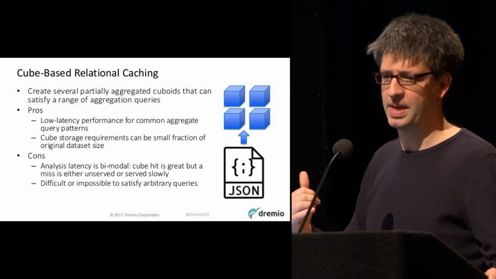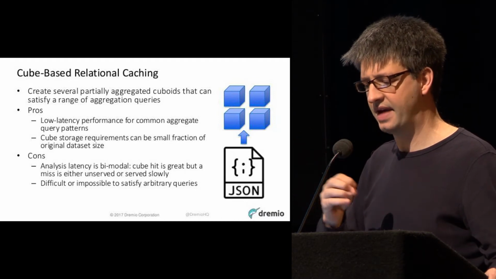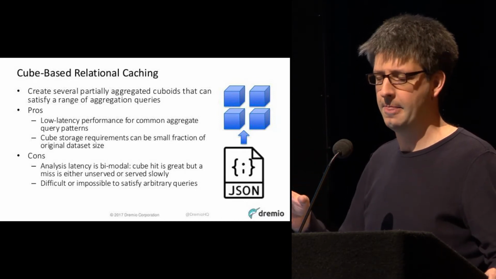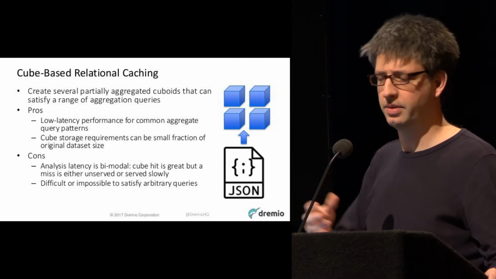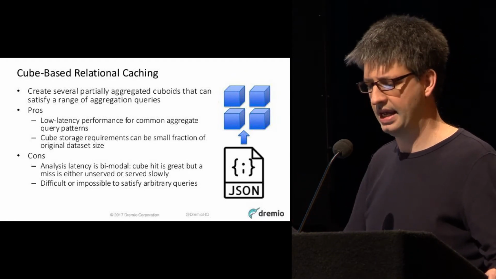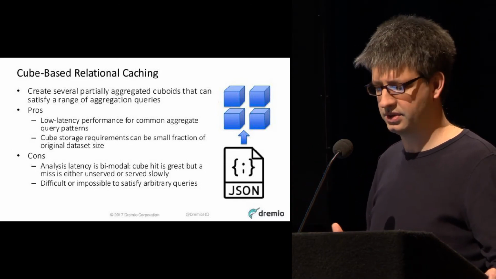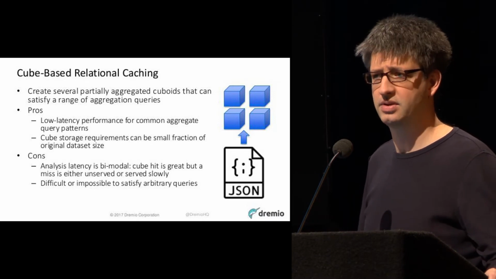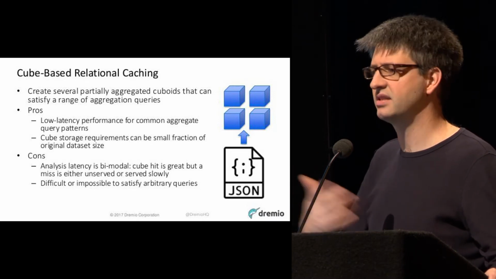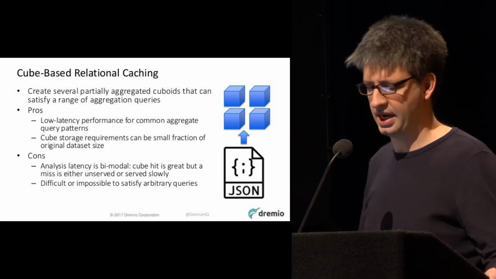The idea is you pre-aggregate certain partial aggregations of data and put them in cuboids, and then when a user comes in and wants a particular data set, you can pick the right one to use. It provides very low latency for common aggregation patterns, and in many cases cube storage requirements for common patterns can be vastly smaller than the original data set. So yes, it takes a little bit of resources, but not a lot.